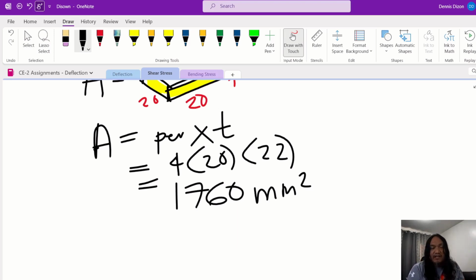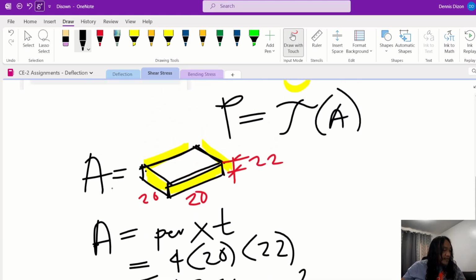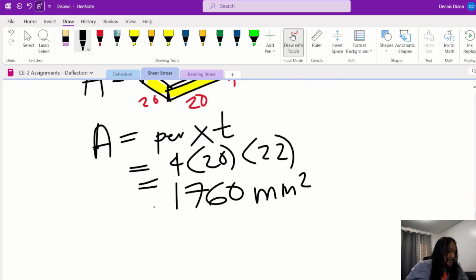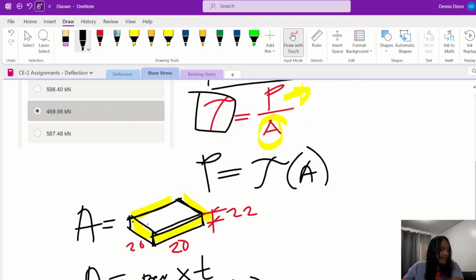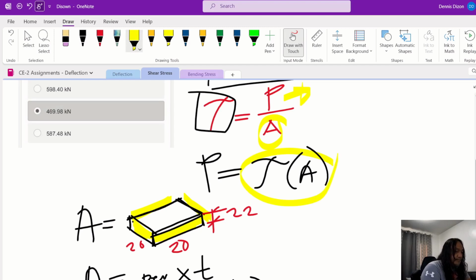So that is our sheared area. Now we can substitute this value to your equation. Your P is equal to the shear strength times the sheared area.